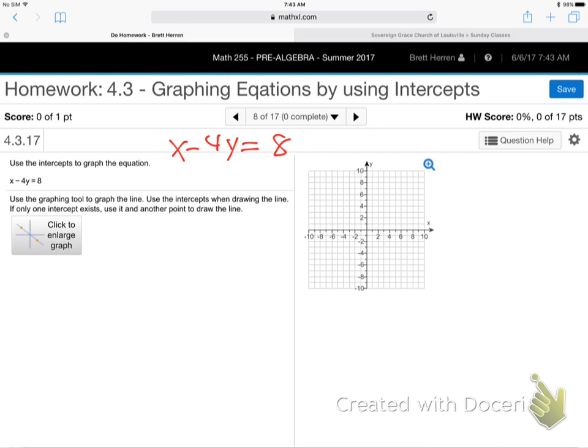So make an x, y table there. Put a 0, put a 0. Double 0 table to find the grid points.